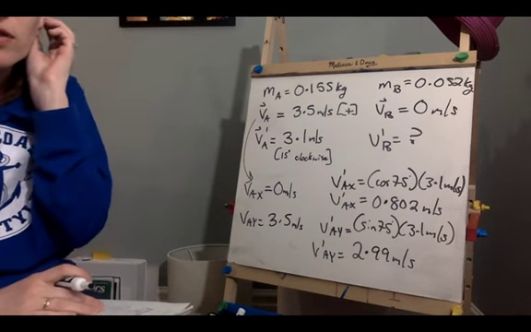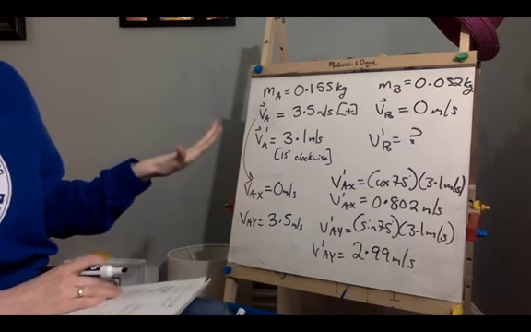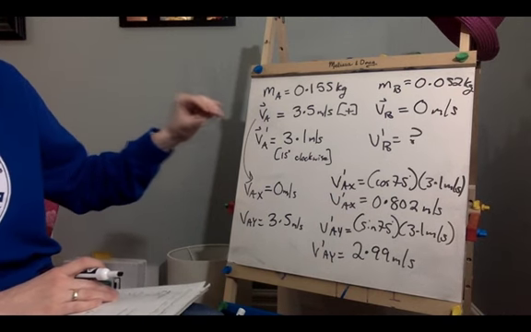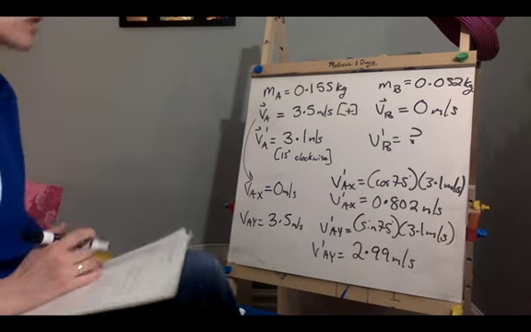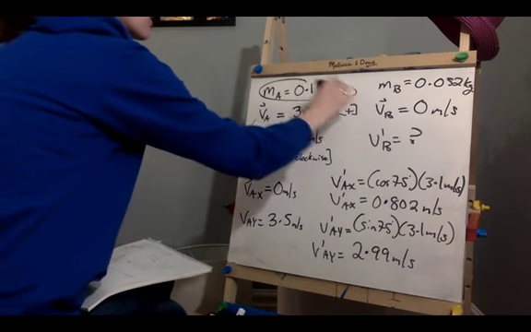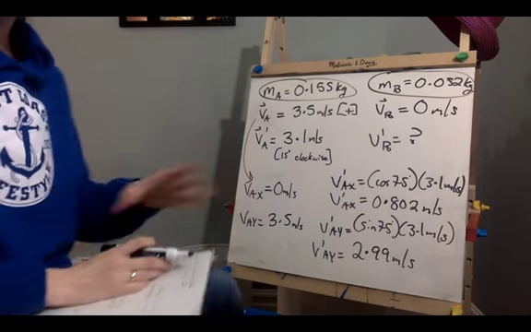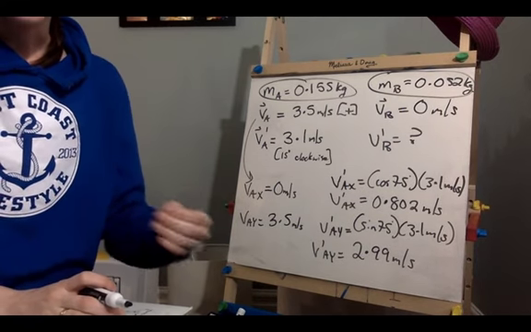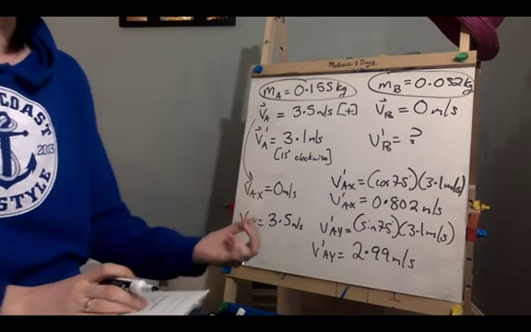When we go to start this, and obviously I'm going to have to erase this, we set up our law of conservation of momentum in each of the components. If we start by looking at what's happening in the x, we'll need our mass of A, our mass of B, and the velocity of A in the x, velocity prime of A in the x, velocity of B in the x, and velocity of B prime in the x.